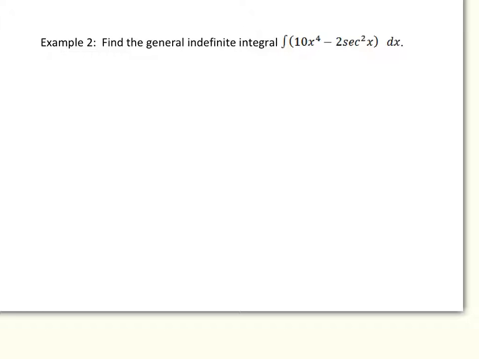All right, we are going to do the next example here. Again, this just says find the general indefinite integral, or general form, so there's no a and b. That's what's missing here, and whenever you're missing the a and b, we need to remember to put the plus c. So on this one, if we do the antiderivative, we would have 10x to the 5th over 5 minus, and remember that secant squared is the derivative of tangent.